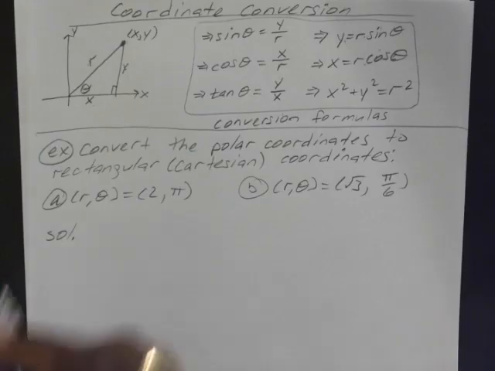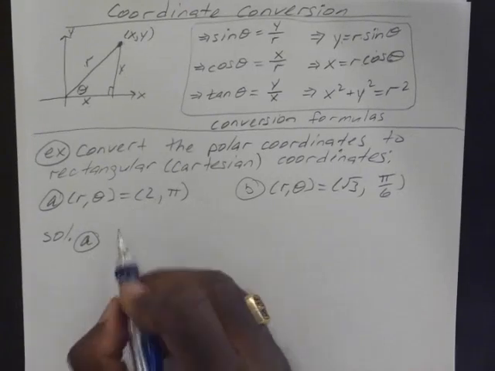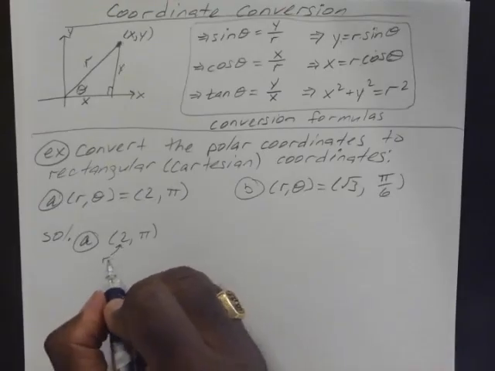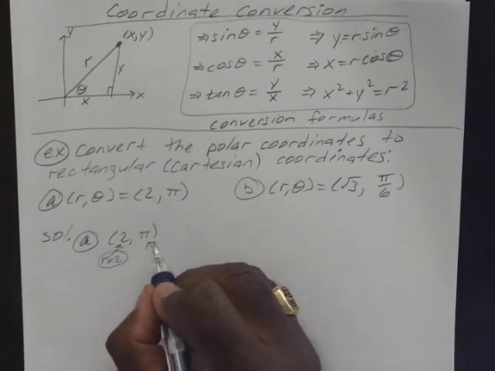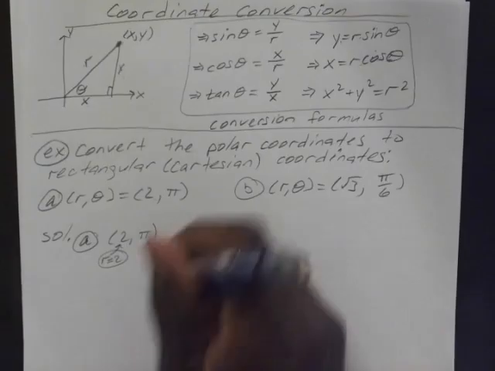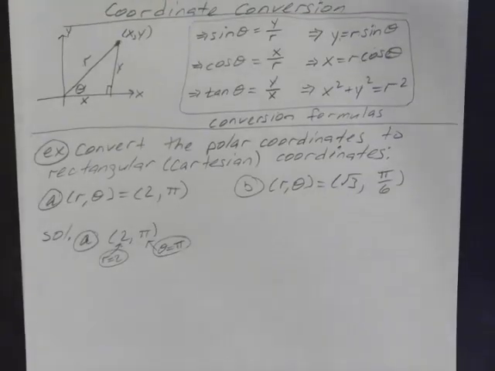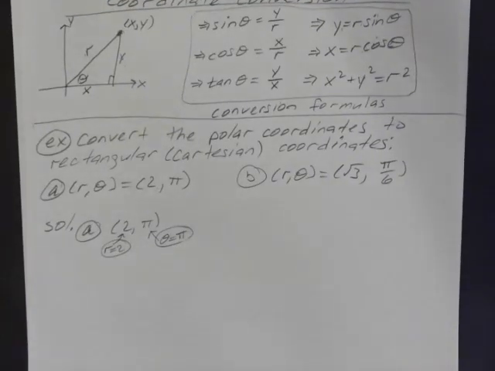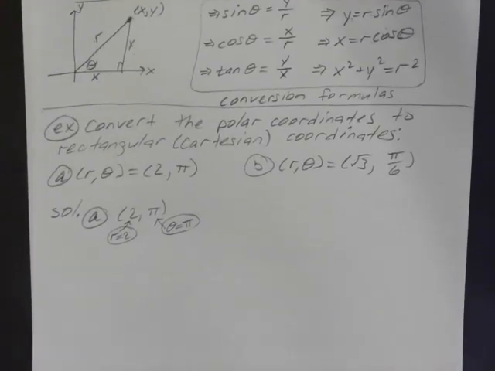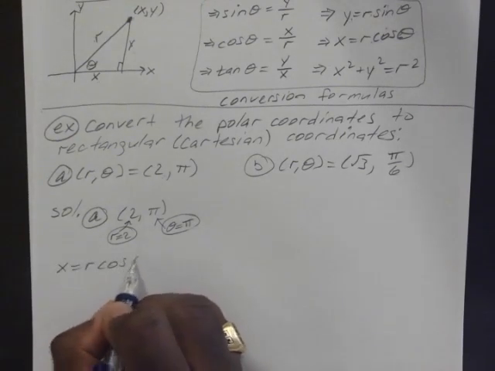Okay, so let's look at A. Well, we know for A, we have the polar coordinate 2, pi, which means that your radius equals 2 and your angle is equal to pi radians. Okay, well, we know that x is equal to r times cosine of theta.